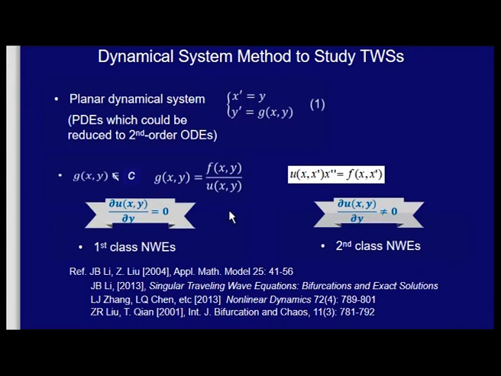These equations are separated into two classes. One is if the denominator u doesn't involve y, and the second case is the function u involves y. Please refer to these literatures for further information.